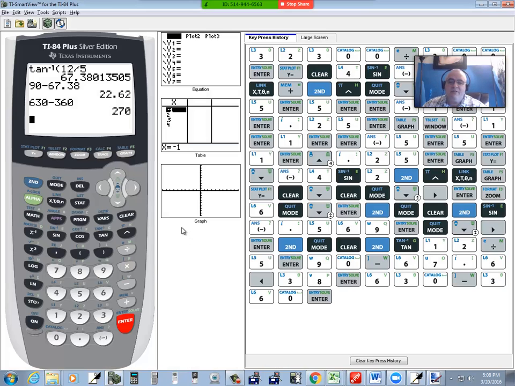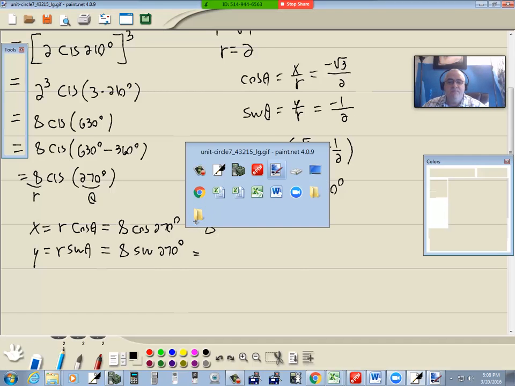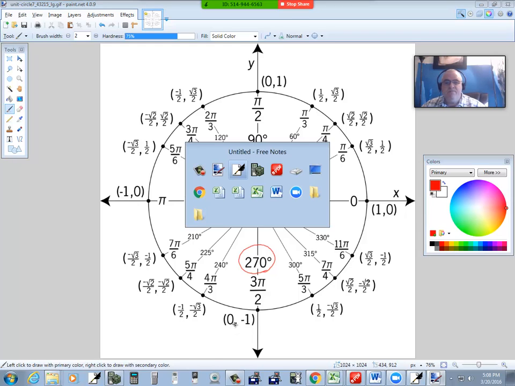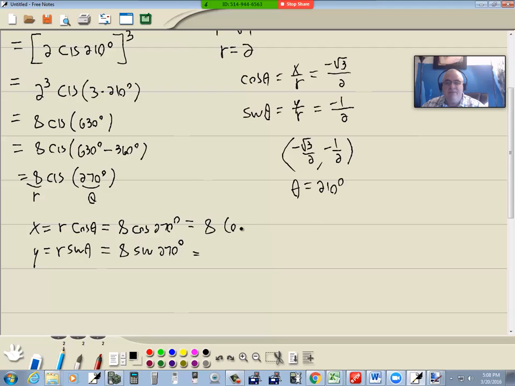Okay, if we look up 270 degrees on our unit circle, 270 degrees is right here. Cosine, which is our x part, is 0. So this will be 8 times 0, or 0.